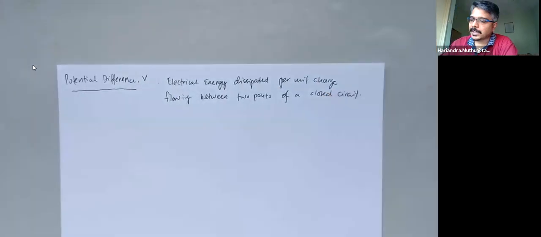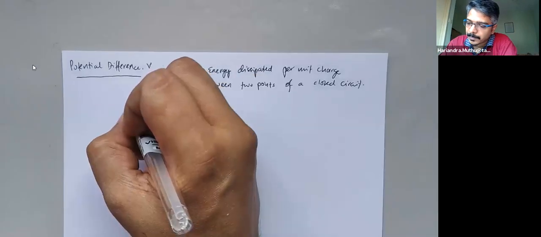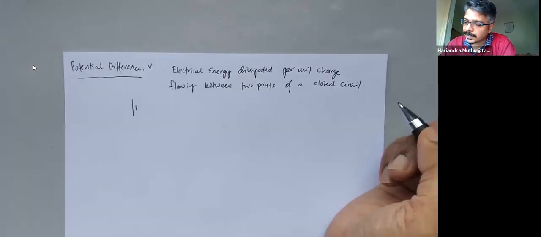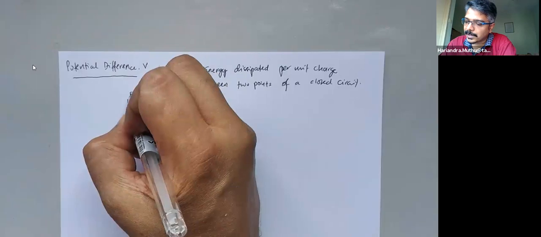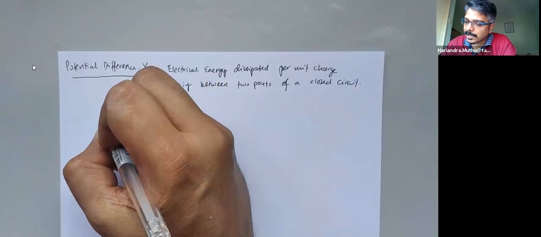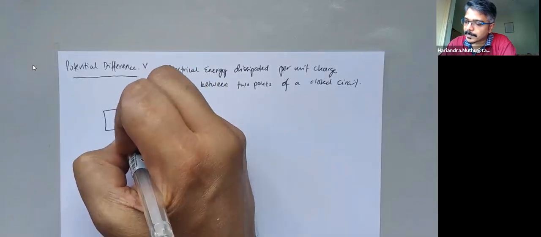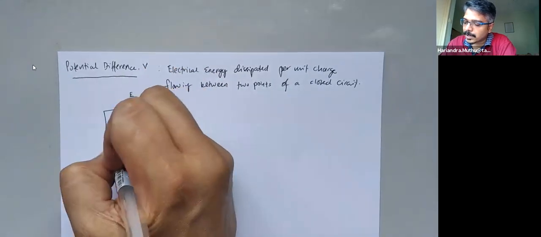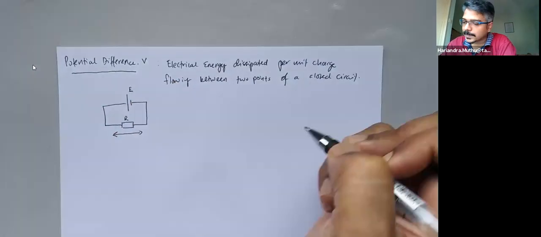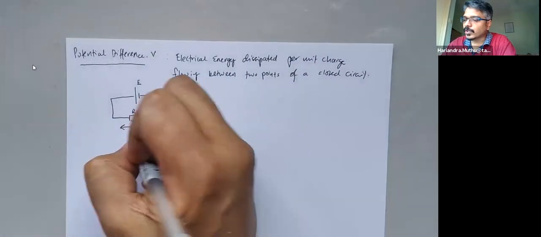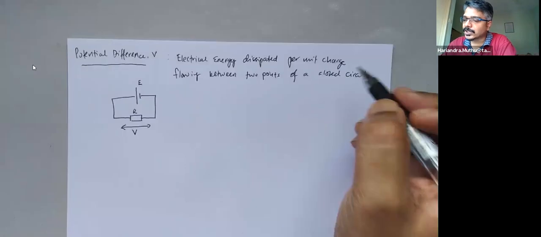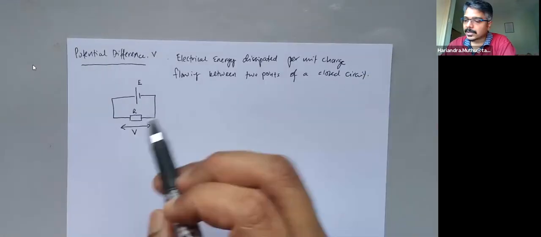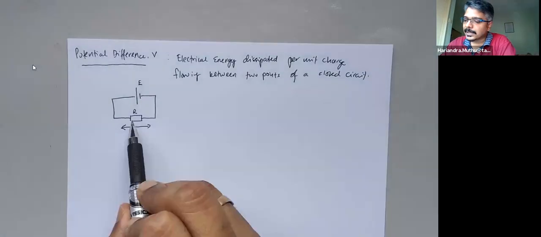What this means is that if you have a battery, and this battery has an EMF of E, and you have a resistor R, the potential difference across this fixed resistor is V. According to this definition, it is the electrical energy dissipated by the fixed resistor per unit charge.